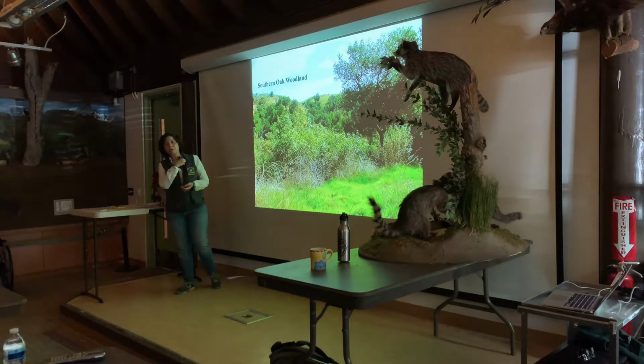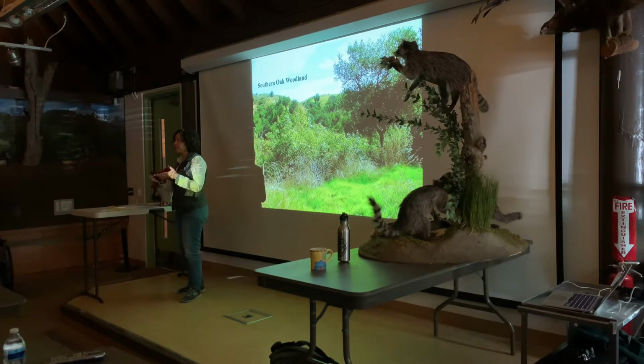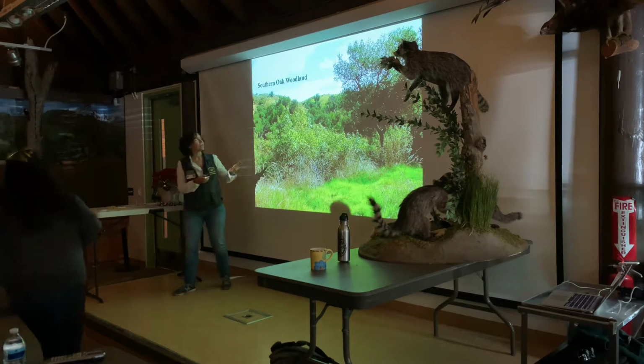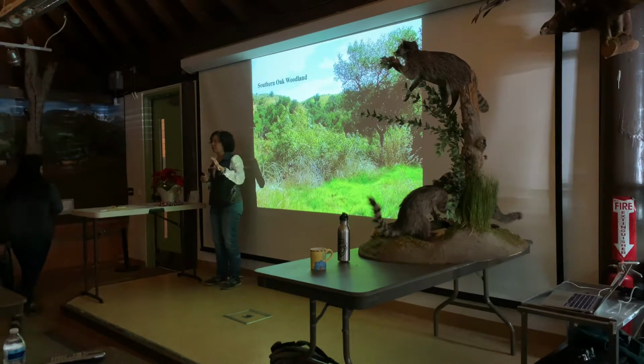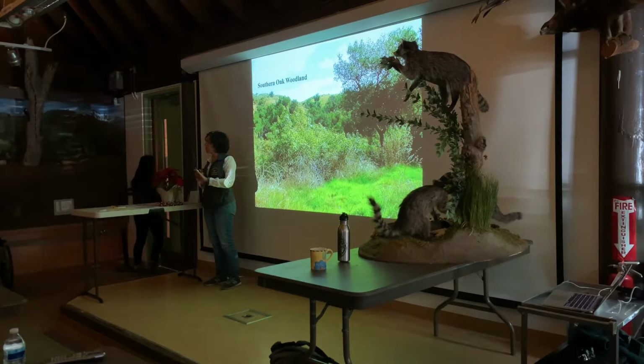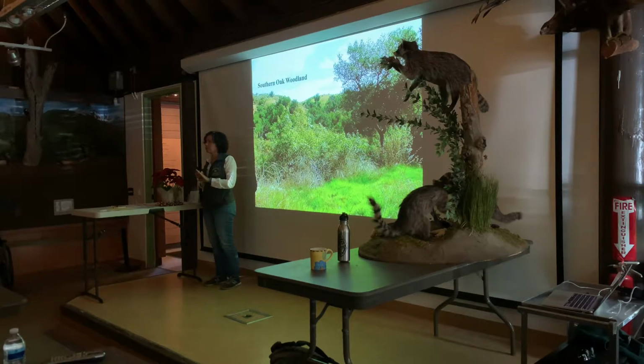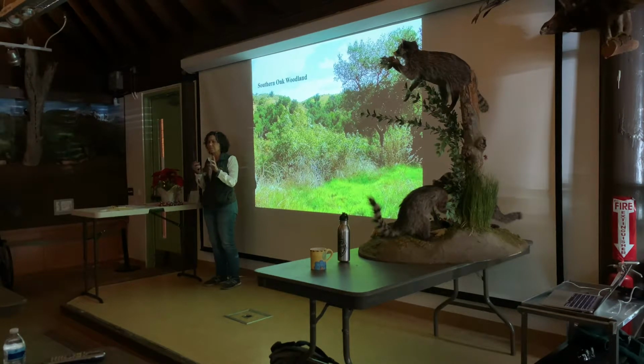Okay, so the kinds of collections of plants that we have here are three main categories. What we call plant communities, or sometimes think of as ecosystems, are parts of Placerita Canyon that are dominated by particular plants.